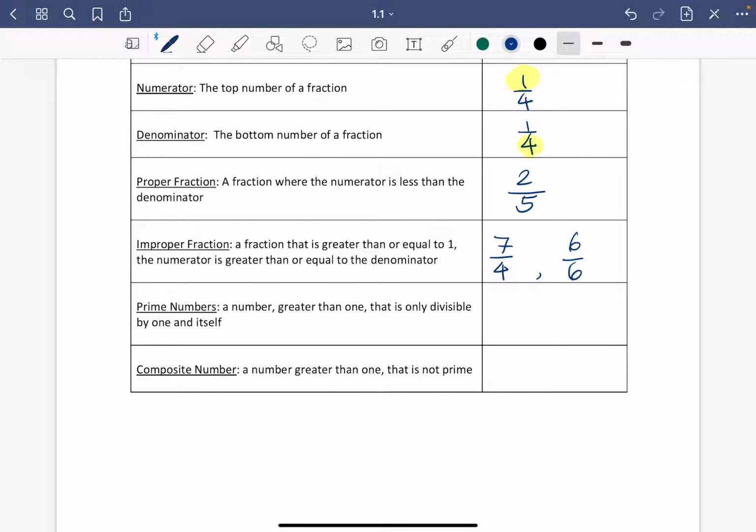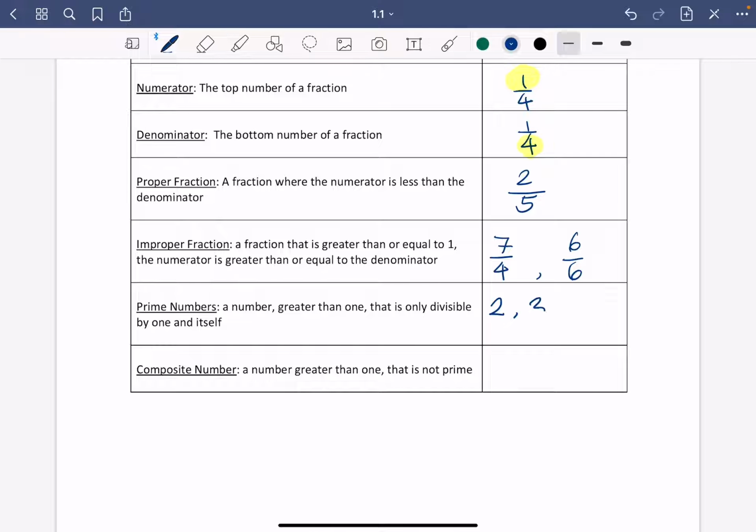Okay, next one, prime numbers. Prime numbers are numbers that are greater than 1 and can only be divisible by 1 and itself. So for example, 2 can only be divisible by 2 and 1.